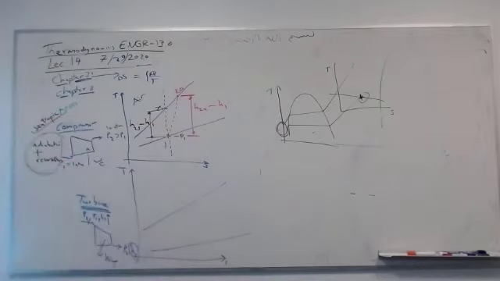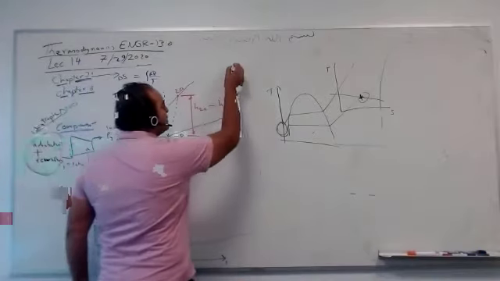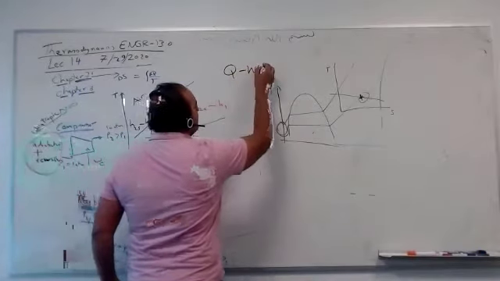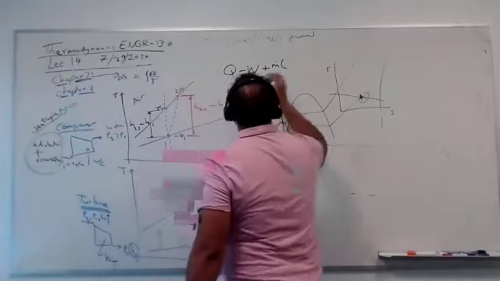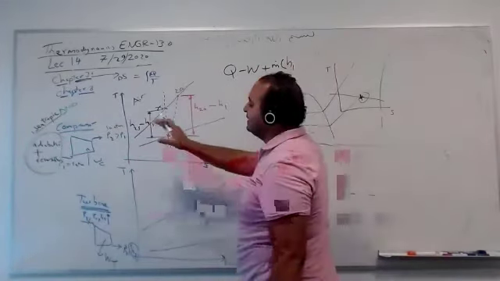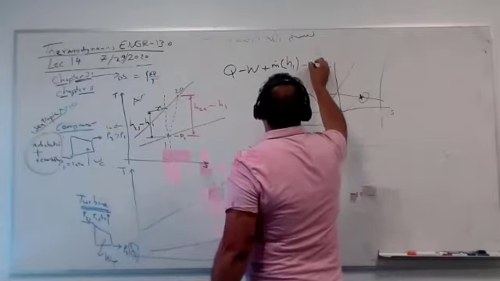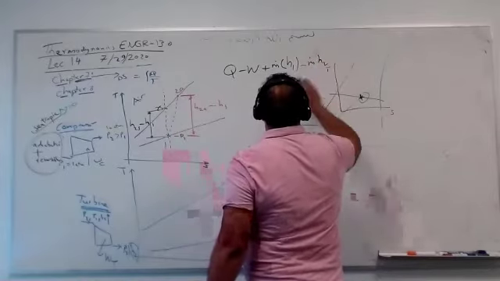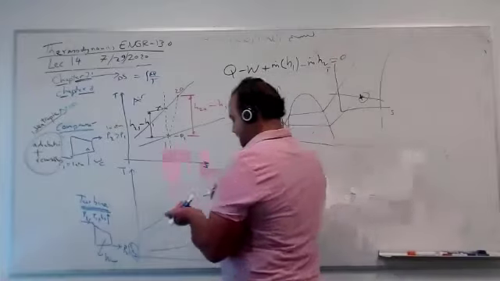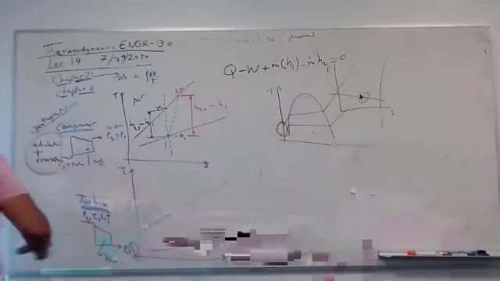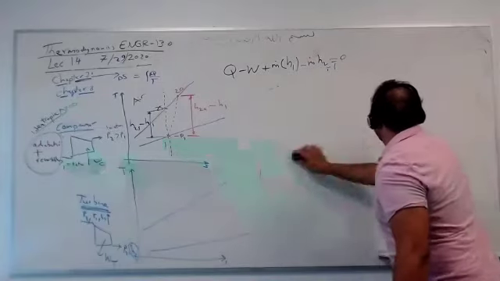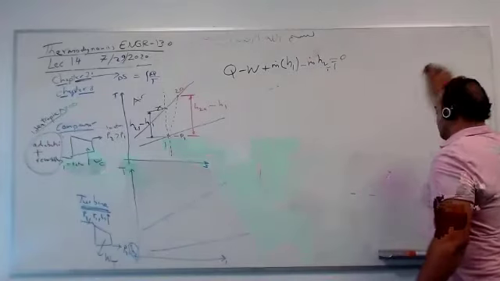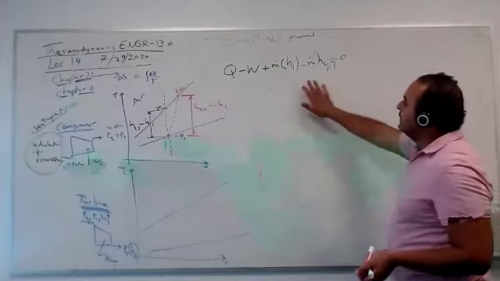So for this vertical line, guys, if you write down the first law: Q minus W plus m dot times the energy in, which is H1. Now neglect the kinetic energy and potential energy, m dot exit, and this is steady, so it's 0. So this is again how it looks.